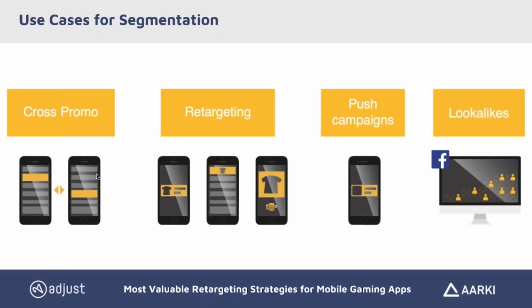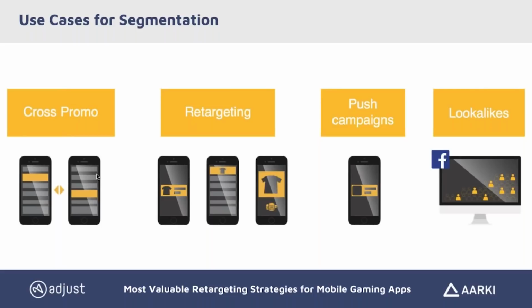You can just pull all existing users of the old app and target them with the advertising of the new application. Then retargeting, you can create segments based on the behavior and preferences of the users, and this goes hand in hand with the push campaigns, where you can reach your user at the right time with the right content.